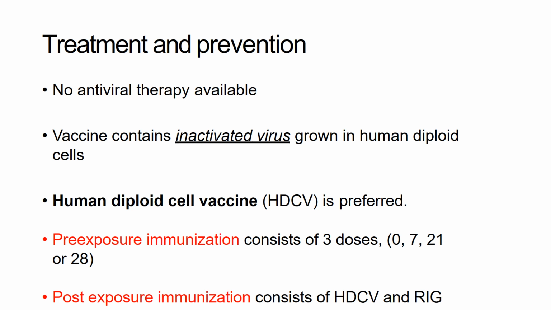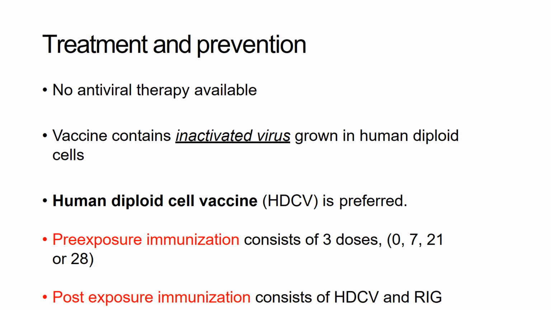The vaccine given to the person contains inactivated virus, and it is known as human diploid cell vaccine, short form HDCV. Human diploid cell vaccine is preferred, both as a pre-exposure vaccine and as a post-exposure vaccine.